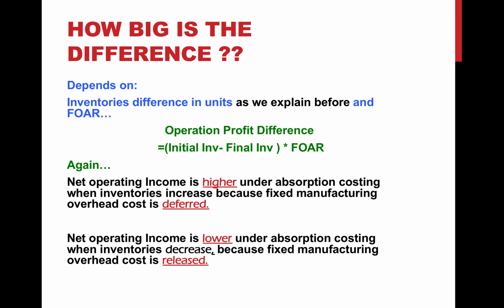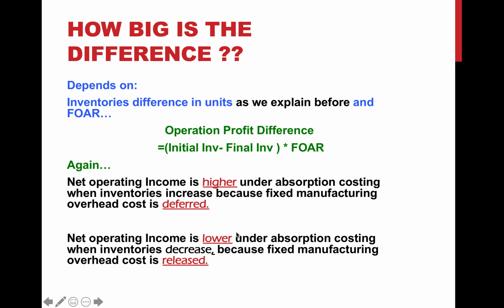So the operation for calculating the profit difference is to define the difference in inventory times the fixed overhead rate. Remember that this rate might be using another driver, but it is per unit.